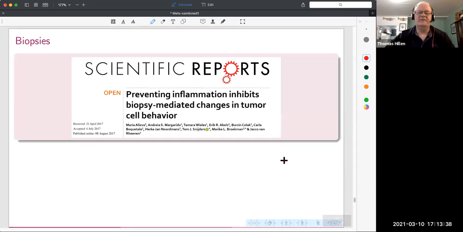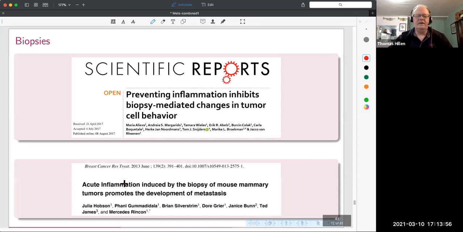So here's a paper in this direction. Preventing inflammation inhibits biopsy-mediated changes in tumor cell behavior. So they talk about biopsy-mediated cancer growth. And this could be prevented by reducing the inflammation level. And here's another one. Acute inflammation induced by biopsy in mouse mammary tumors promotes the development of metastasis.